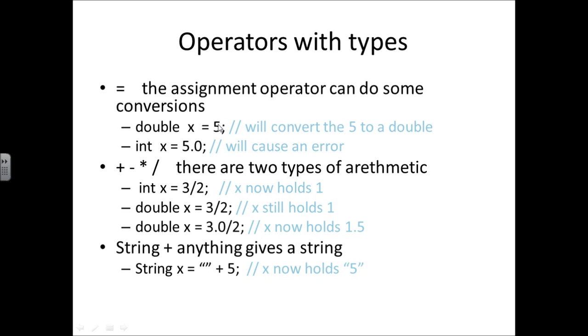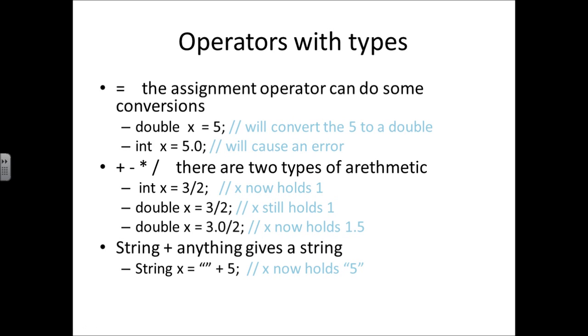But sometimes they don't actually have to be. If I have a literal 5 and on the left-hand side of the equals a variable of type double, well, this is an int, that's a double. This int will be converted to a double so that it can be assigned to the x.